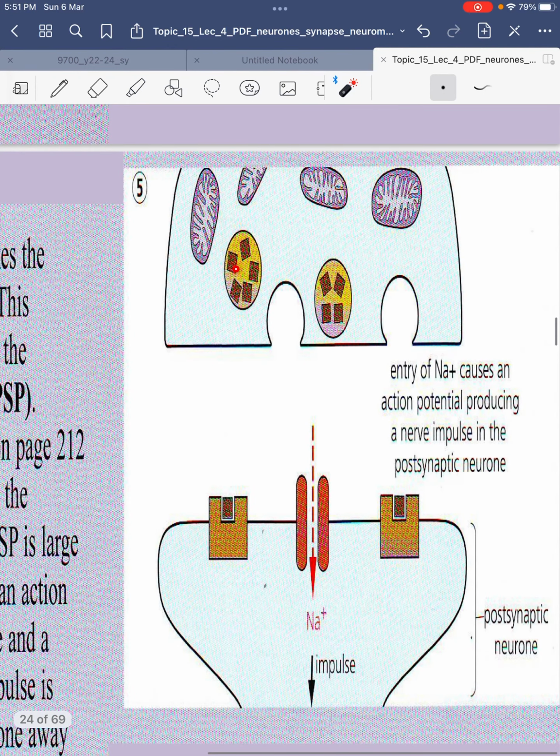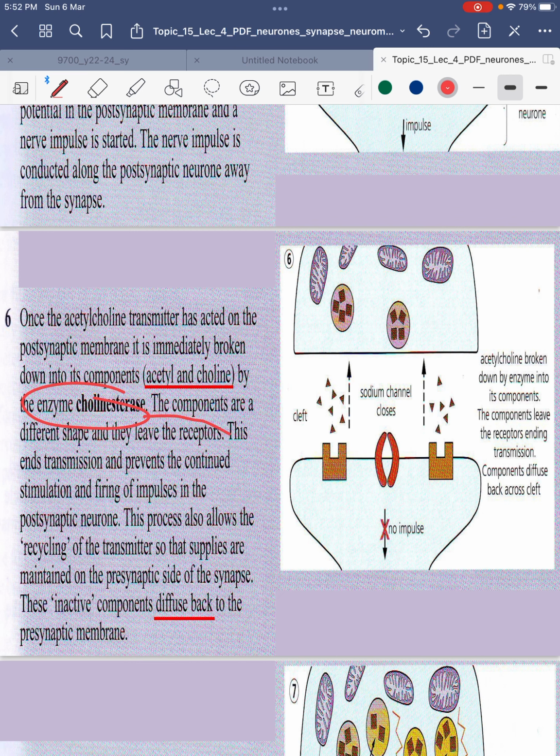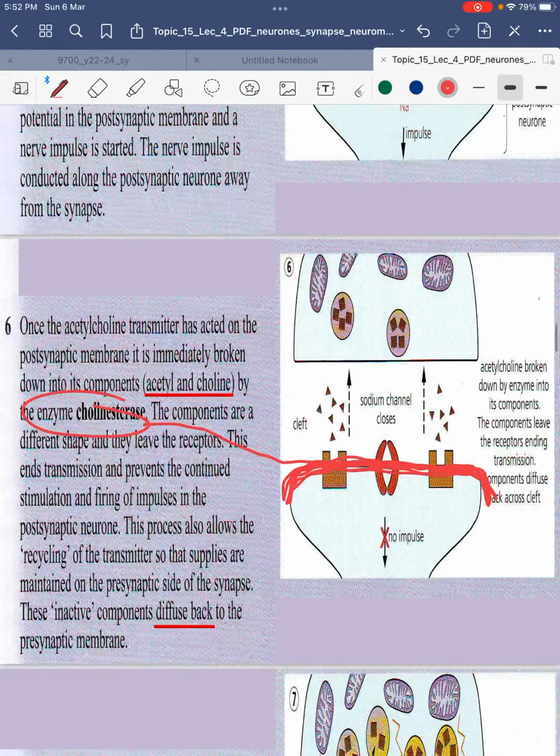The next step is to break down the acetylcholine by this enzyme cholinesterase. This enzyme cholinesterase is found on the postsynaptic membrane. This enzyme will break down acetylcholine to acetyl and choline.